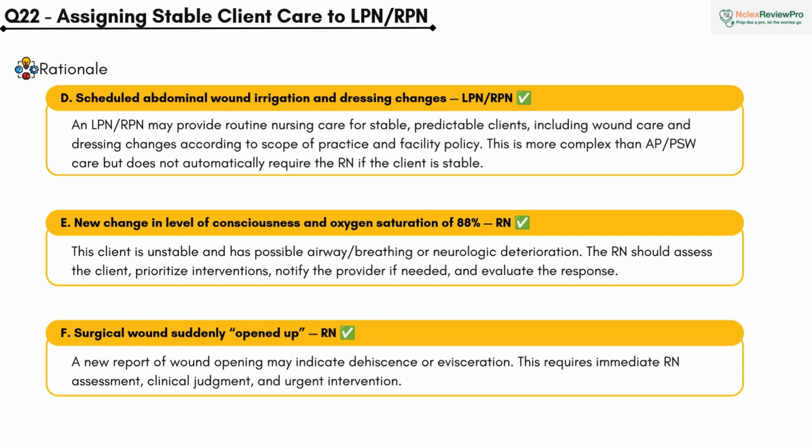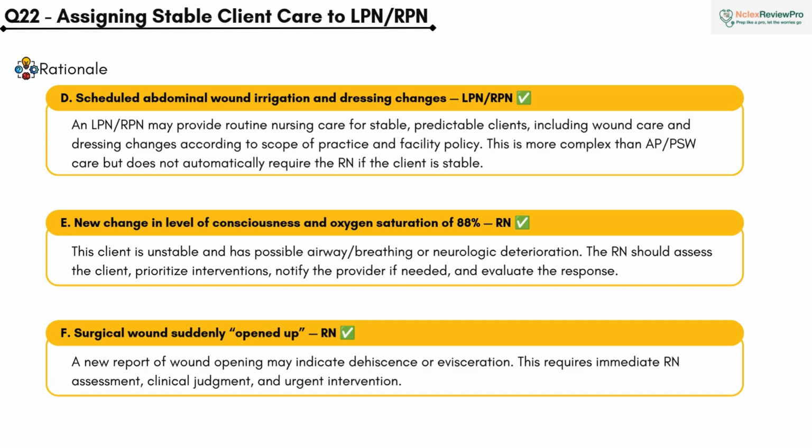For option E, a new change in level of consciousness with oxygen saturation of 88% requires the RN. This client is unstable. A new neurologic change plus low oxygen saturation may indicate airway, breathing, or neurologic deterioration.